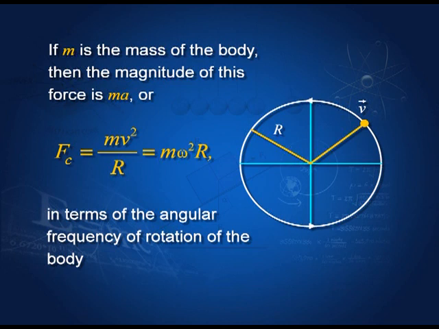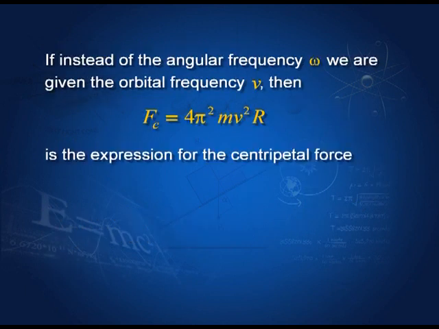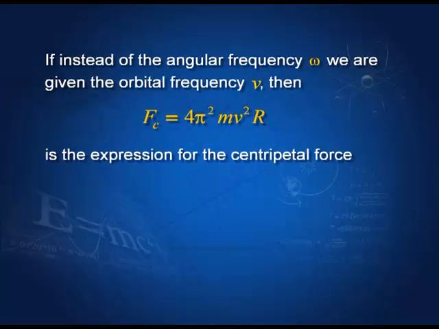M into v squared by r, you remember, is the centripetal acceleration, and in terms of angular frequency it is m omega squared r, and in terms of the frequency it is equal to 4 pi squared m nu squared times r, where nu is the frequency of the circular orbit.